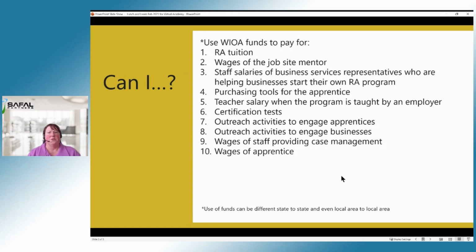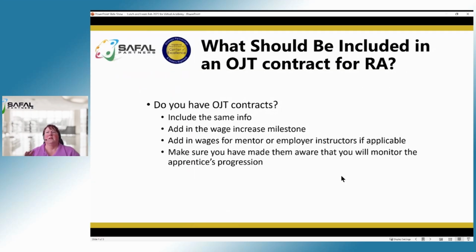Okay, so I'm going to take you now. Let's talk about those OJT contracts. Not all of you have OJT contracts, I'm sure, but I hope a lot of you do.